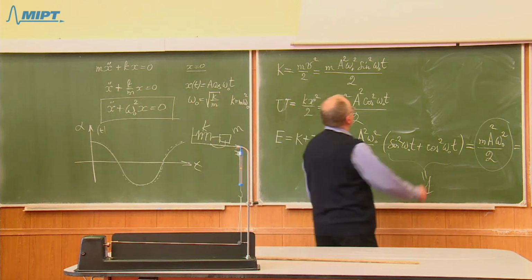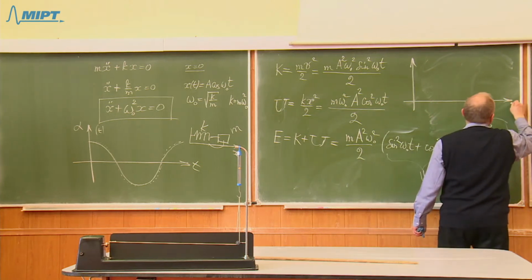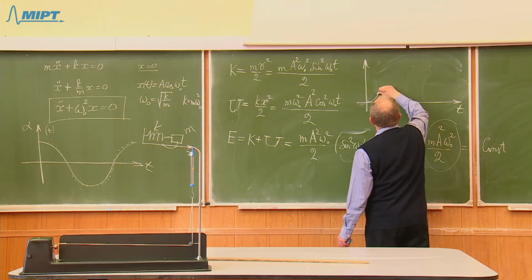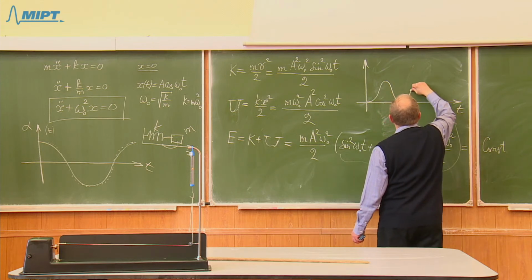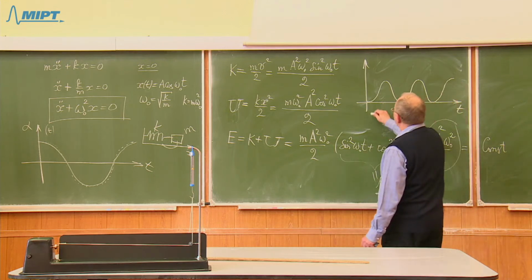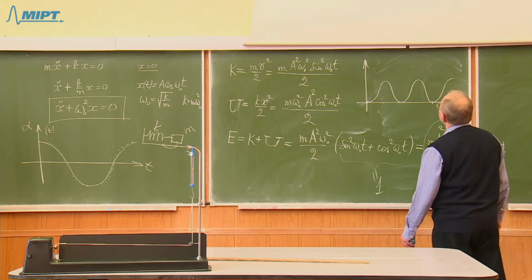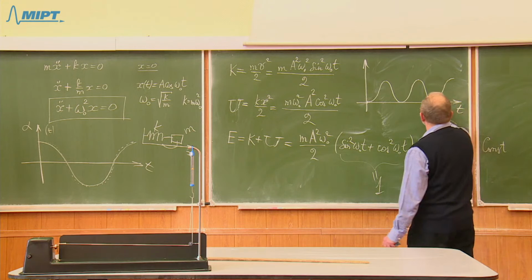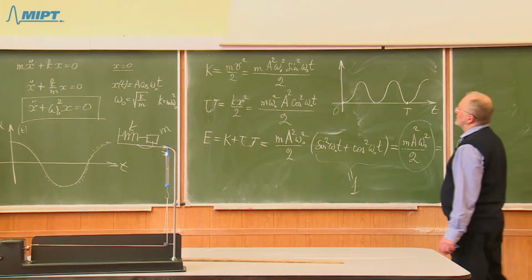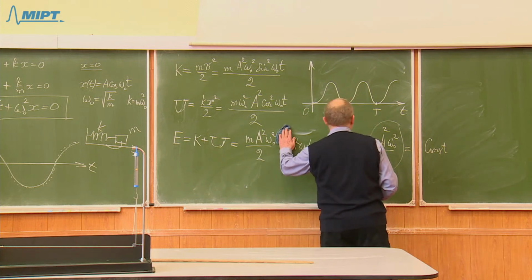If you look at the time dependence of all these functions, you will see something like that. What is sine squared? Sine squared is such a function, etc. So the period is here. This is the period of oscillations from this point to this point. Because the sine itself, I will show it here.